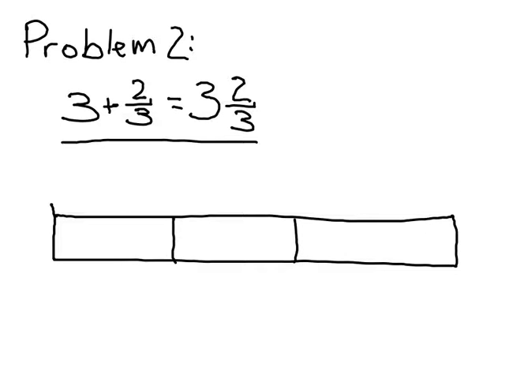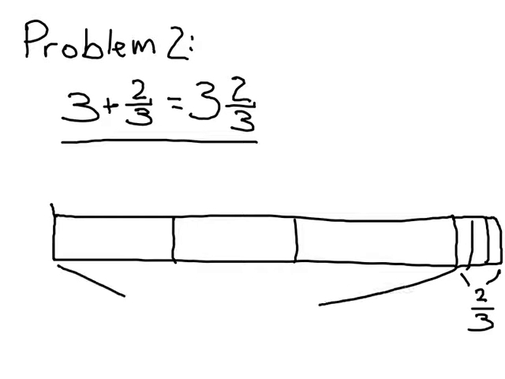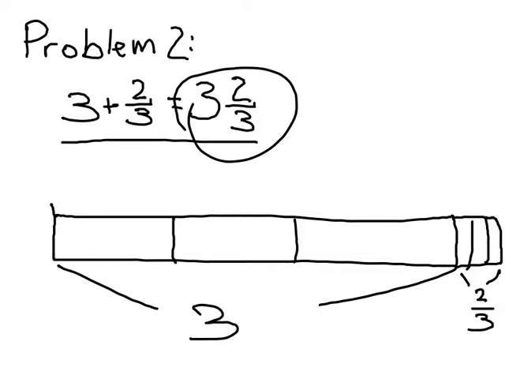Now we're going to take 2/3, and here's our 2/3. So this is 2/3, and this is 3, and if we add them, we end up with 3 and 2/3. Pretty straightforward if you diagram it out.